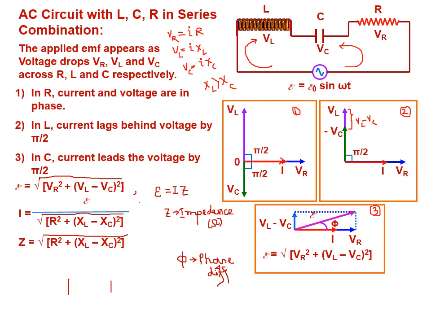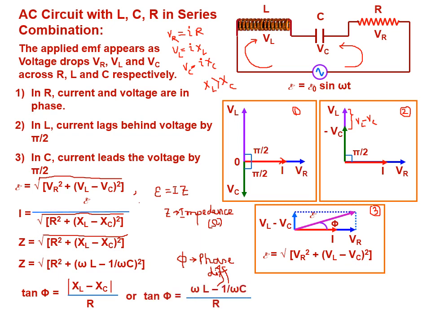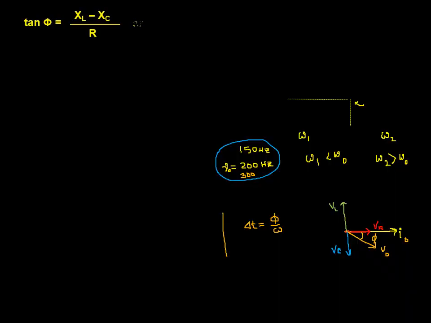So Z is equal to root over R square plus XL minus XC whole square. The values of XL and XC we can put in, and tan phi is equal to modulus of XL minus XC by R, or putting the value, omega L minus 1 by omega C with the modulus, divided by R. Phi is the phase difference. So tan phi is equal to omega L minus 1 by omega C, all divided by R.